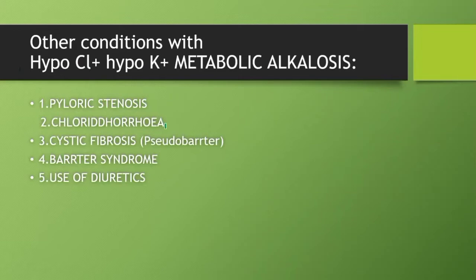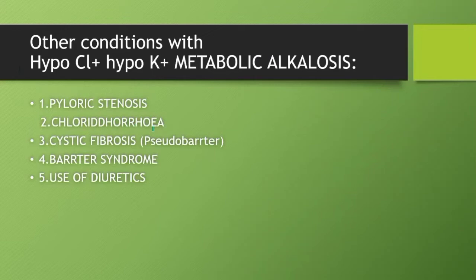Now, chloride diarrhea, also known as congenital chloride diarrhea. It is a congenital chloride losing channelopathy. So what happens here is that there will be hypochloremia, along with that hypokalemia, metabolic alkalosis. How you're going to differentiate from pyloric stenosis is that in pyloric stenosis there is projectile vomiting, whereas in chloride diarrhea there will be a history of diarrhea, and usually it resolves.